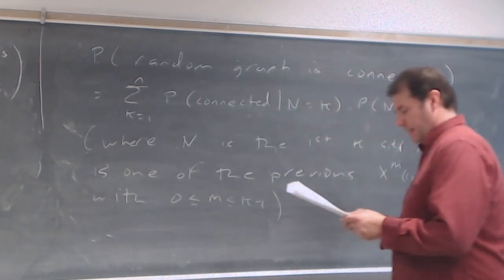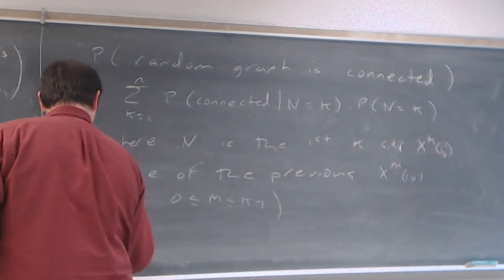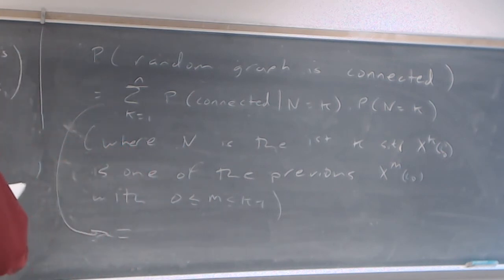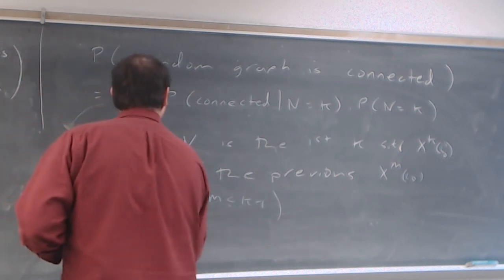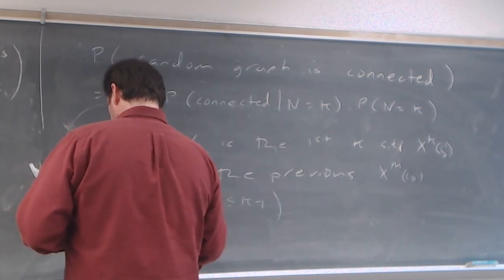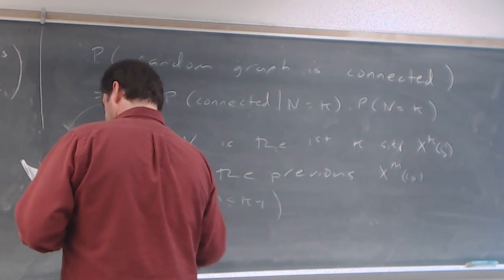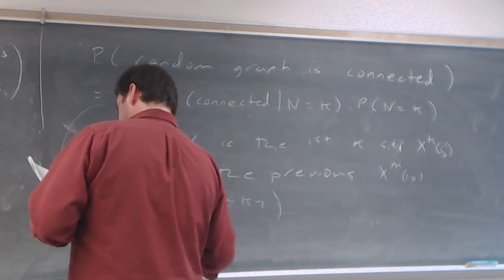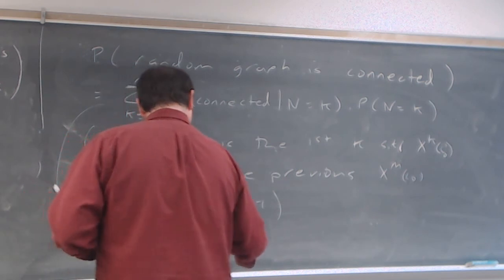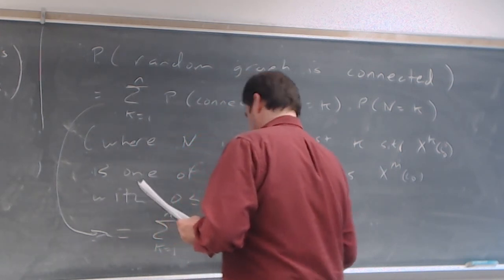Okay. Now, this part here is going to be equal to, by our limit, the sum as k runs from 1 to n of k over n times the probability that N equals k.